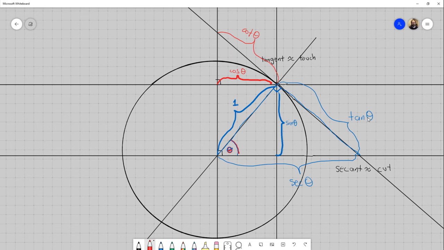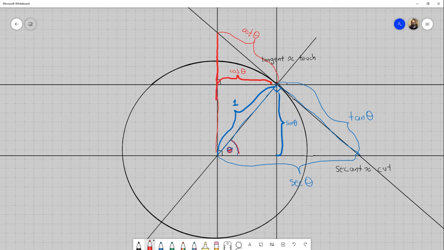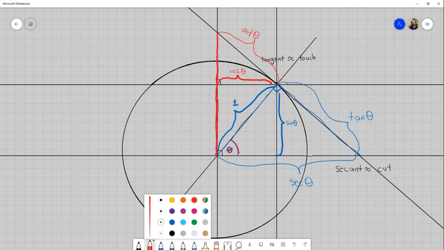And then finally, I guess I could have traced these out in colors instead of using those brackets. If I look at the length of this line segment here, maybe with a fatter red, the length of that line right there, you guessed it, instead of being secant, it's cosecant of theta.